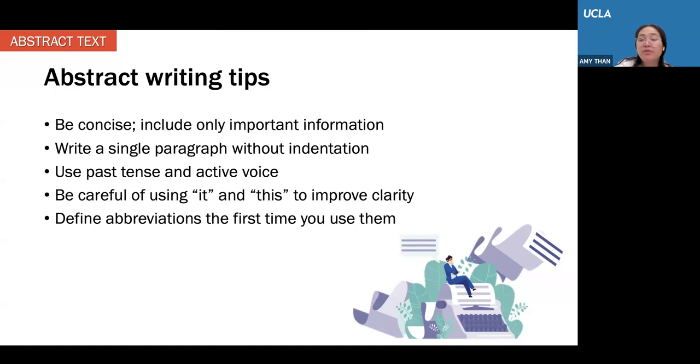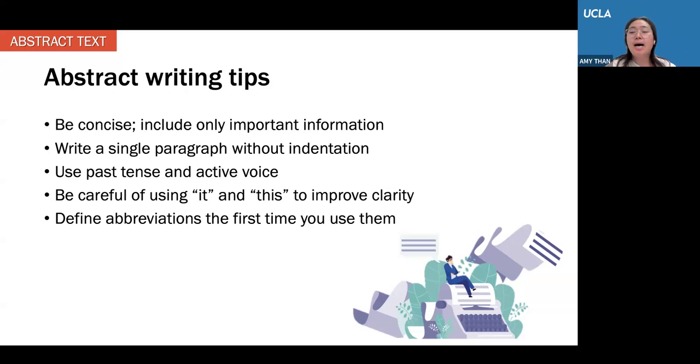You can also define abbreviations the first time you use them. This is very common practice and sometimes really necessary because you should assume that people don't know what acronyms you're using. But maybe there are some acronyms or abbreviations that are okay, like UCLA. You know your audience is from UCLA, so I'm pretty sure they know UCLA.